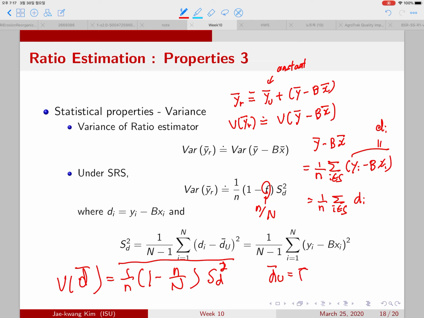D bar U is 0, because the summation of di is, d bar U equals, i equal to 1 to N, yi minus b xi, and this is 0 because b is y bar U divided by x bar U. Okay.